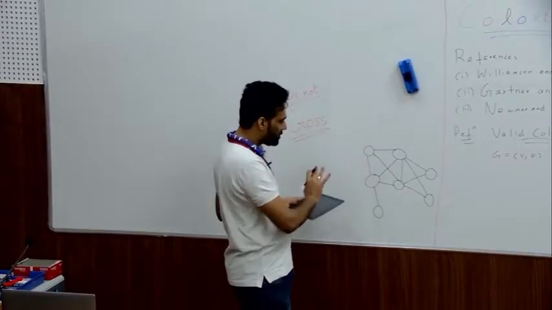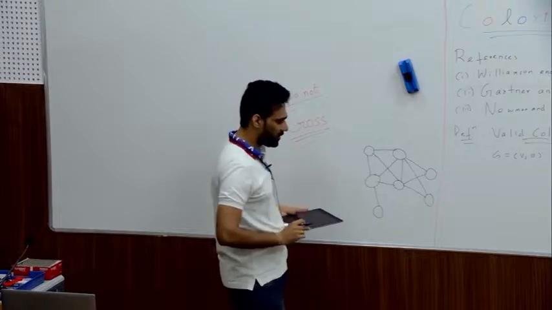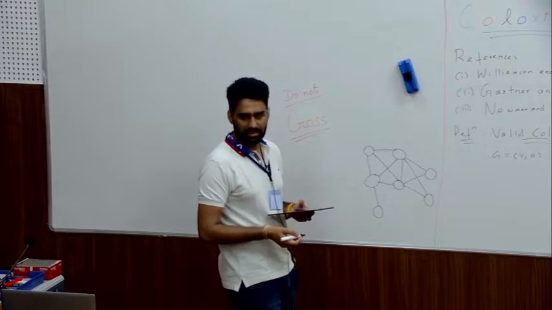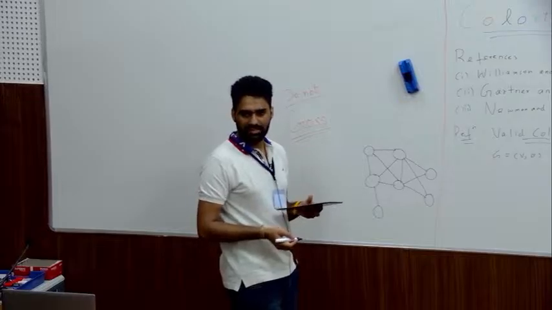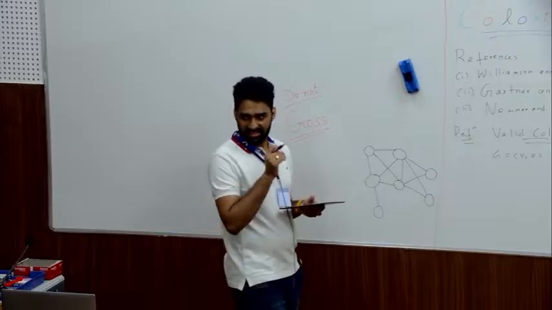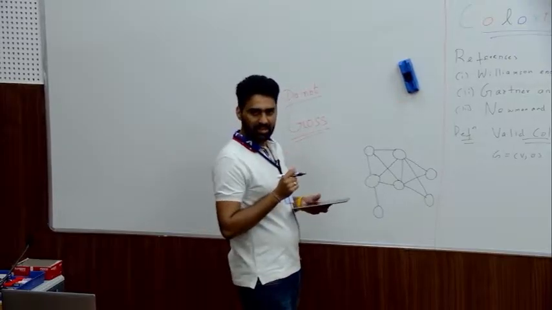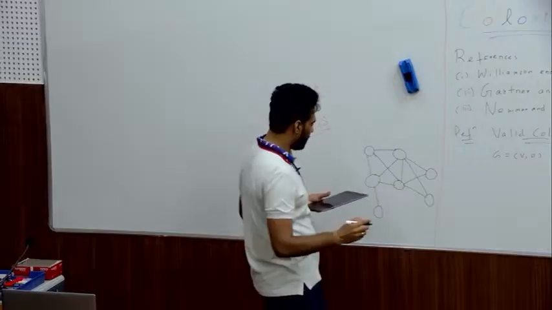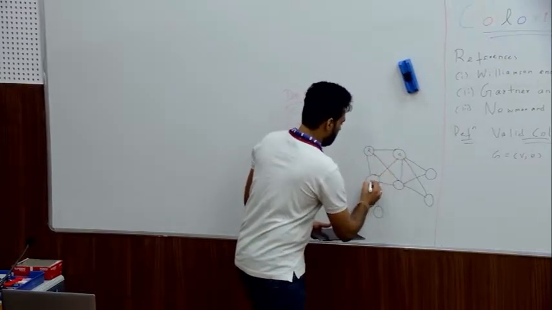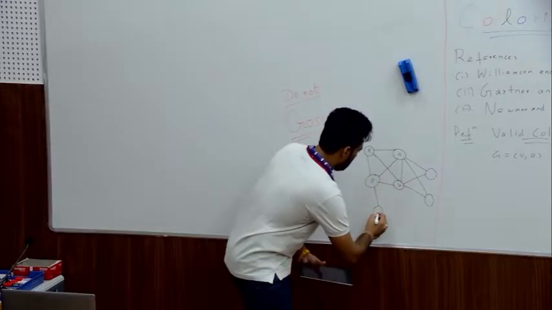So can you see how many colors are needed to color this graph? Three colors? Are you sure? Four colors are needed. Of course, we can do red, green, blue, yellow, and then we can do red again.